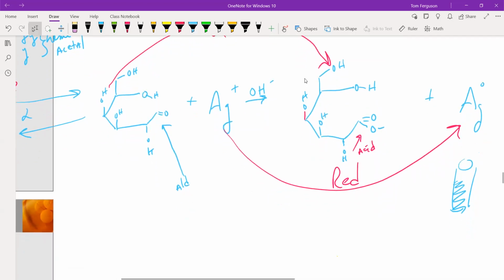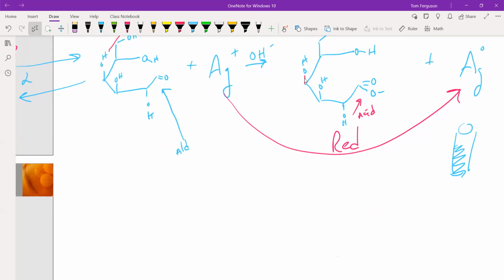Now, if we had Benedict's, copper +2, the only difference is the copper would go to +1, +2 to +1.